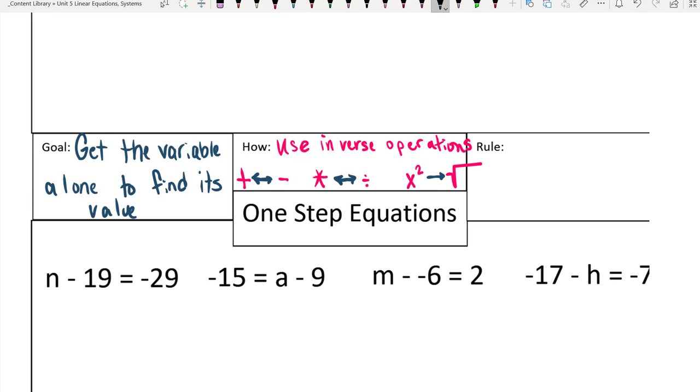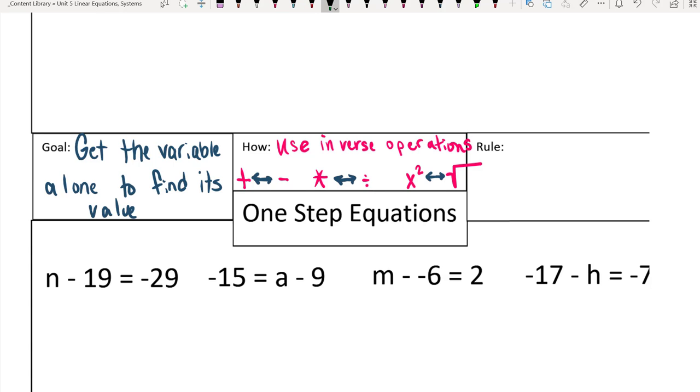And if there's a number that's being square rooted, we want to get rid of that square root symbol, we would use the square operation. All of those are operations that are the inverse of each other, and we're going to use those inverse operations to help us isolate or get those variables alone so we can figure out what their value is.